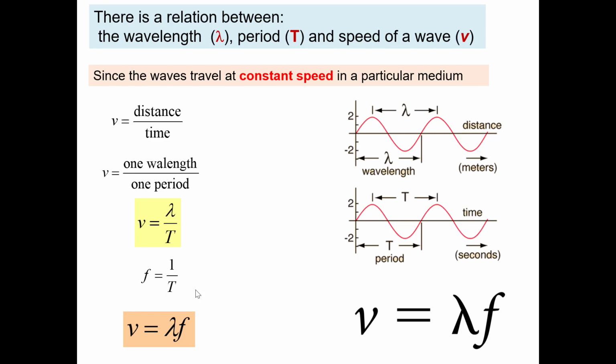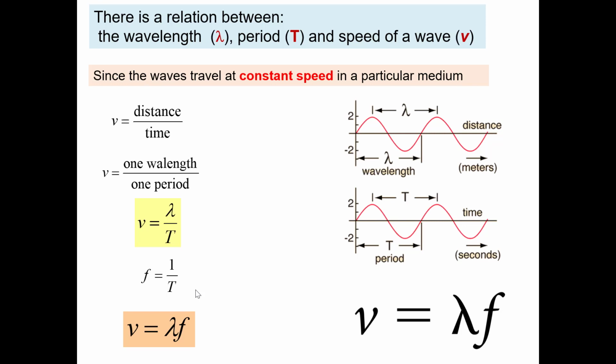For example, sound in air at the same temperature travels at the same speed. At room temperature in air, the speed of sound is 343 meters per second.